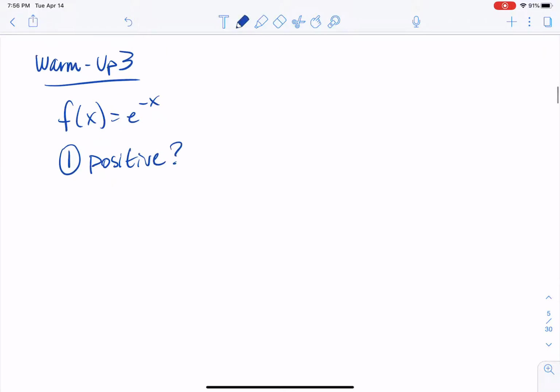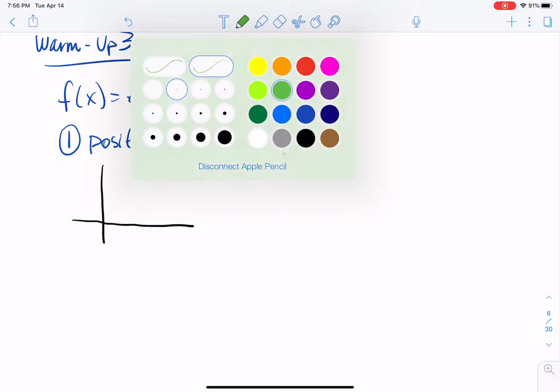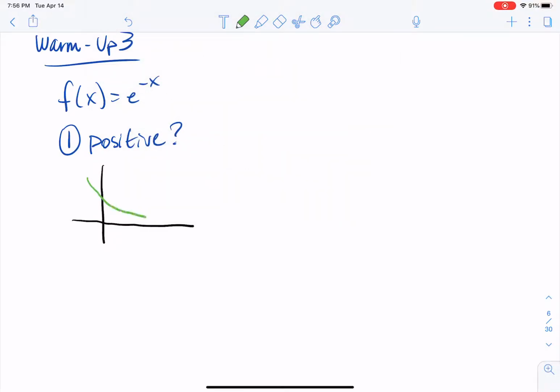So is it positive? Well, if you take a look at the graph, it is exponential, specifically exponential decay. And here's the graph for that. It's always going to be positive. There's no exponent that you can raise e to get 0 or anything negative.